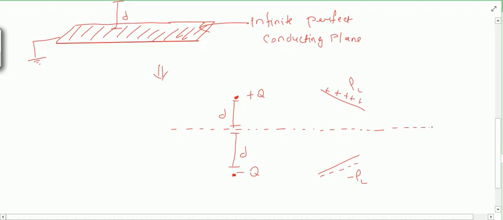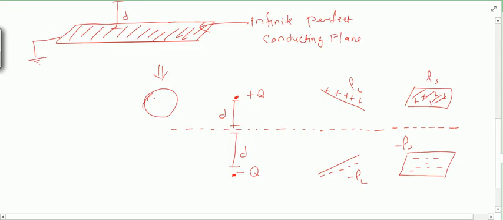And if there is another charge distribution, suppose a positively charged surface, rho s, it can be simply replaced by its image, which is of minus rho s. And if there is a volume charge, same like a sphere, it will also be at the same distance but with opposite sign. Suppose this has rho v volume charge density, and this will have minus rho v.